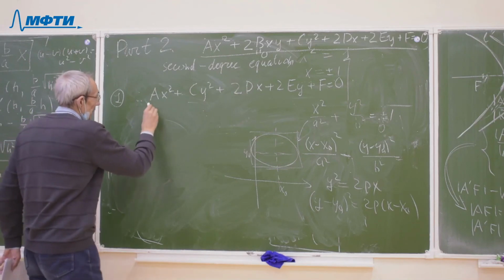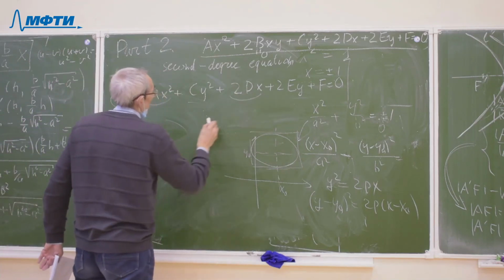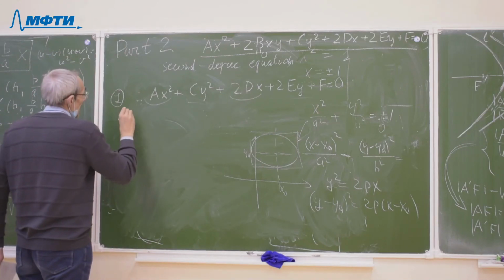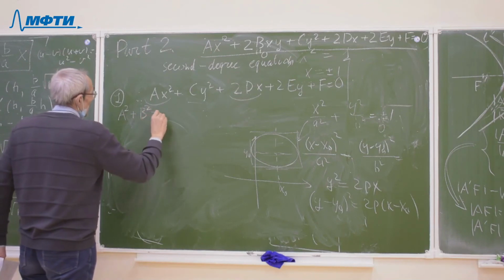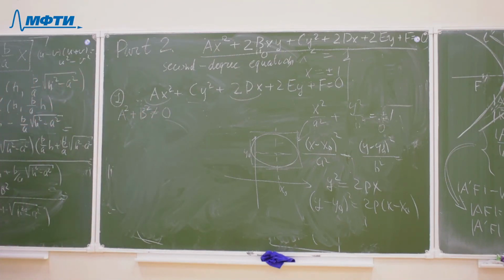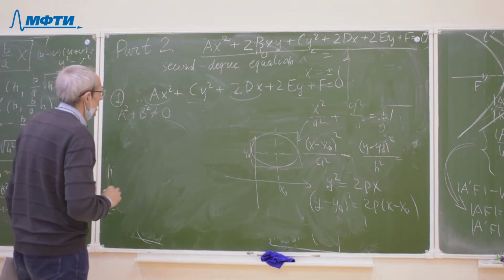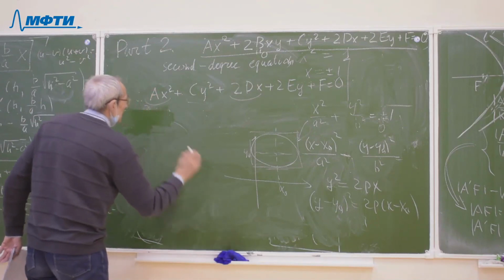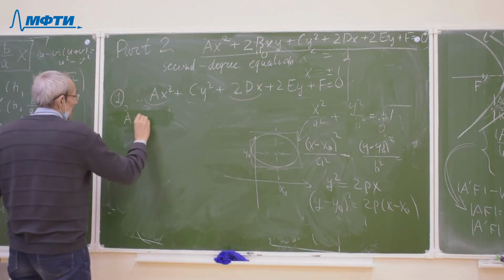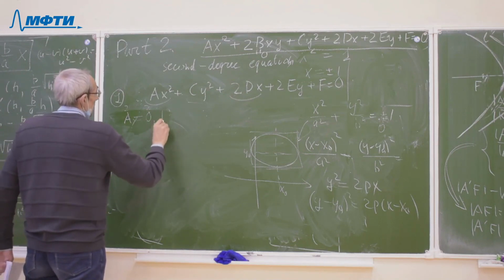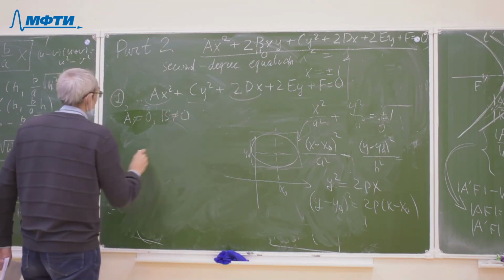More precisely, let's suppose that a squared plus b squared is not 0, and more precisely, a is not 0 and c is not 0.